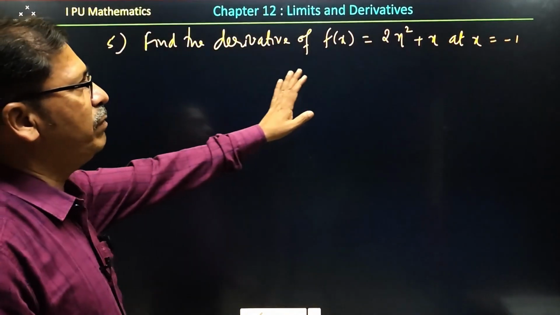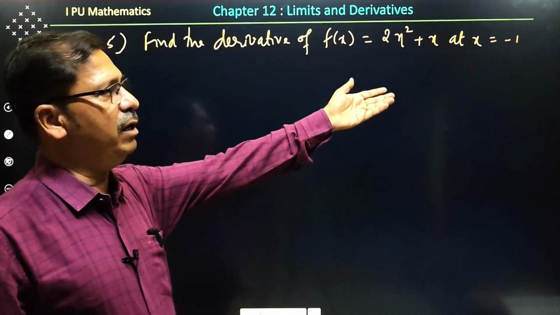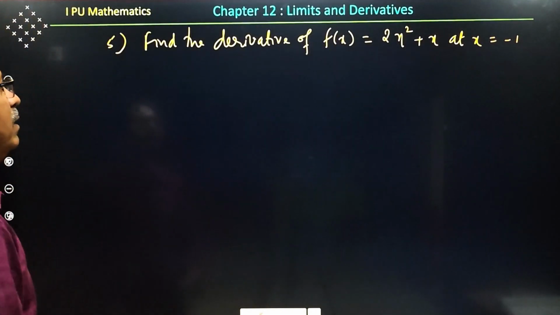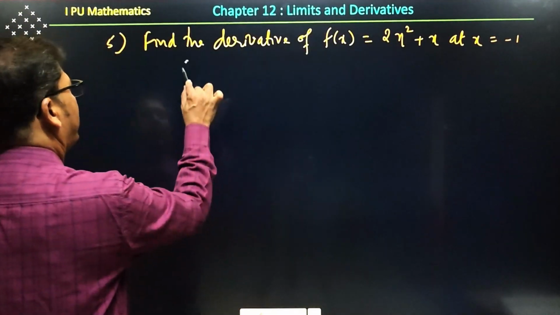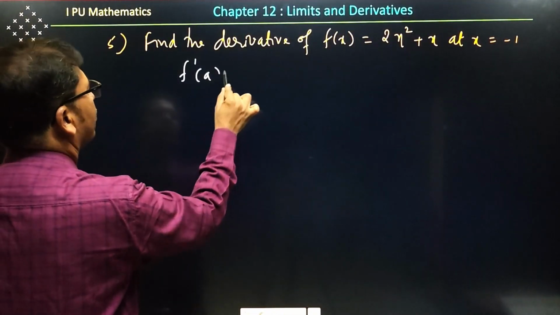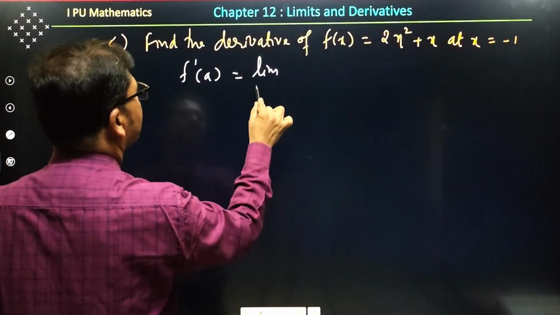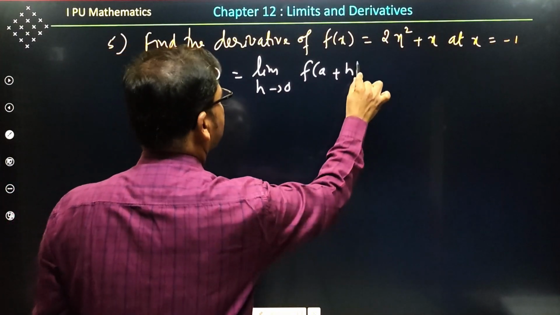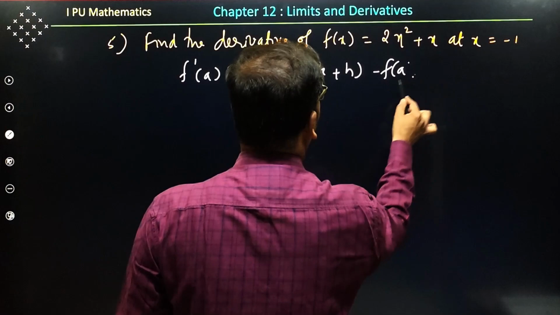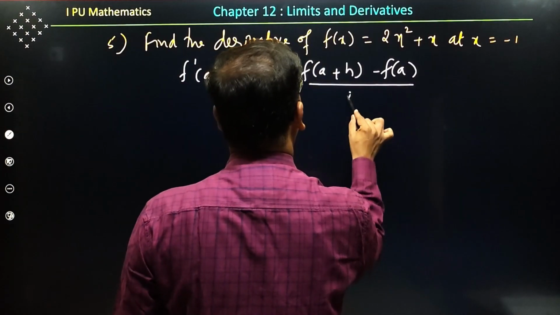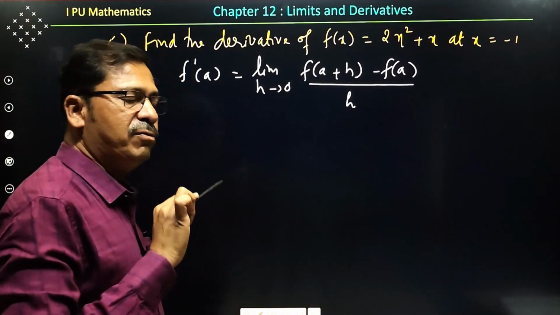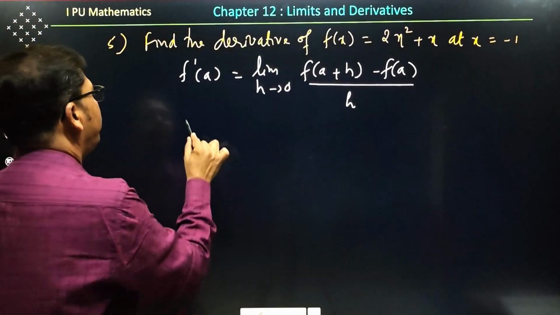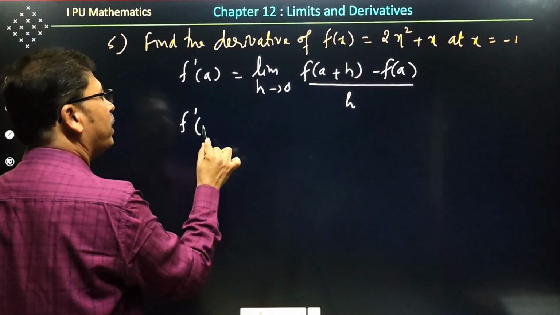Find the derivative of f(x) equal to 2x square plus x at x equal to minus 1. Now f dash of a is given by limit h tends to 0, f of a plus h minus f of a whole divided by h. This is the basic formula. f dash of minus 1 you need to find out.